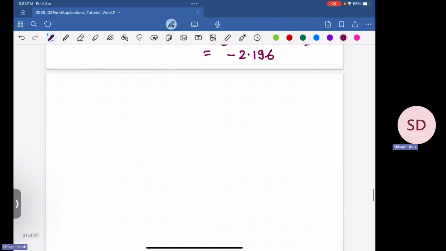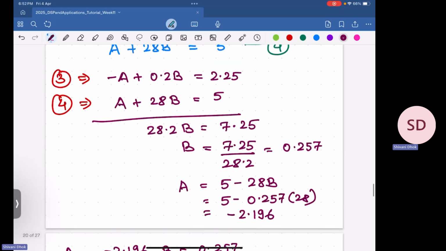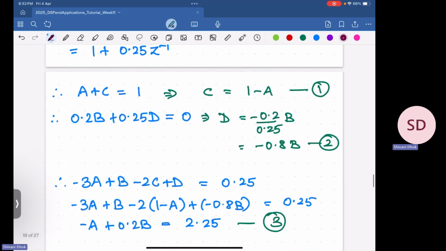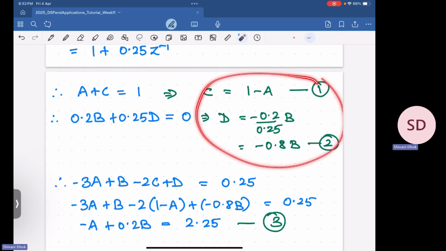Now we have a is equal to minus 2.196, and b is 0.257. What we need to do is figure out the values of c and d, and that we can do using equations 1 and 2.